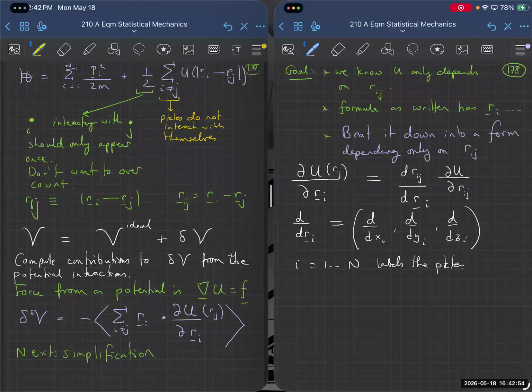So what I'm going to try to do is compute, first of all, the first term. So we're going to look at dRij by dRi, and what I'm going to do is the following. So here's how to simplify this.